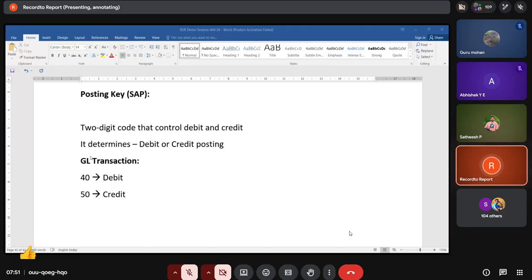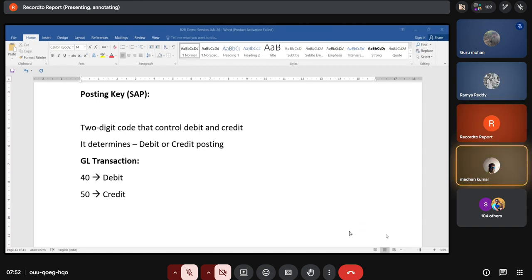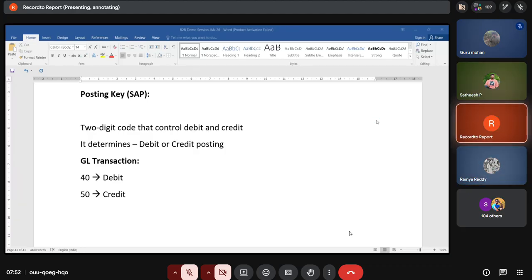See, you can check any financial report which is generated, guys. This is a report generated from the SAP environment. There is one option called posting key. Posting key 50 indicates what, debit or credit, guys? Credit. So credit indicates red color items, and debit indicates black color items, 40.